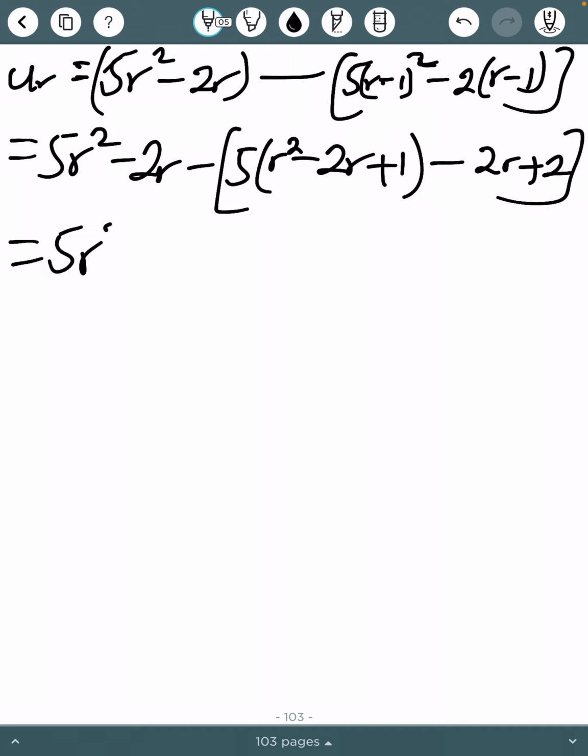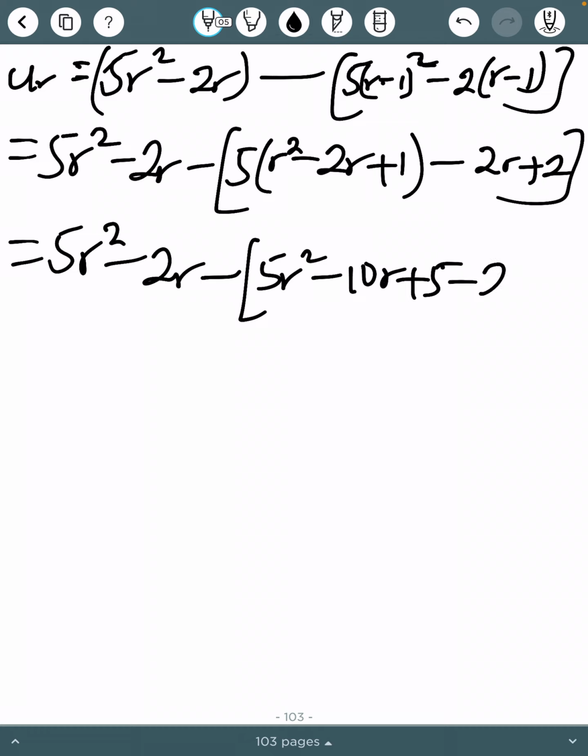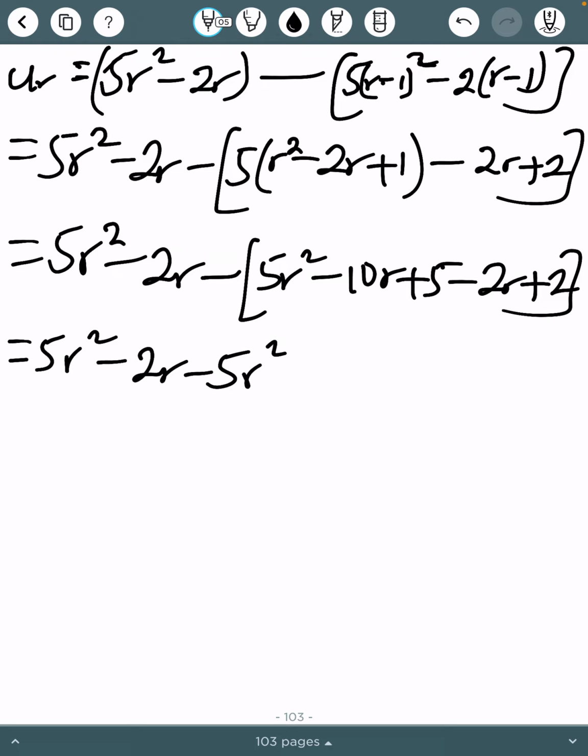That gives us 5r squared minus 2r minus open bracket 5 minus open bracket 5r squared minus 10r plus 5, minus 2r plus 2. So that will give me 5r squared minus 2r minus 5r squared. I'm now opening the biggest bracket, plus 10r minus 5 plus 10r minus 5 plus 2r minus 2.